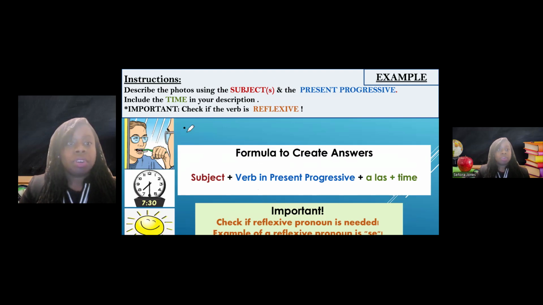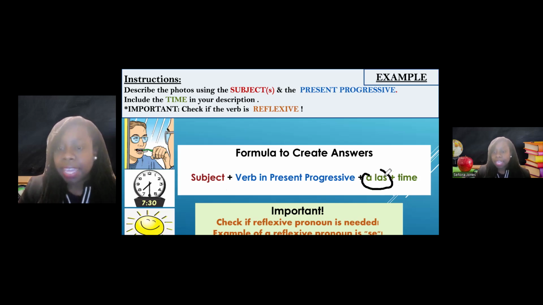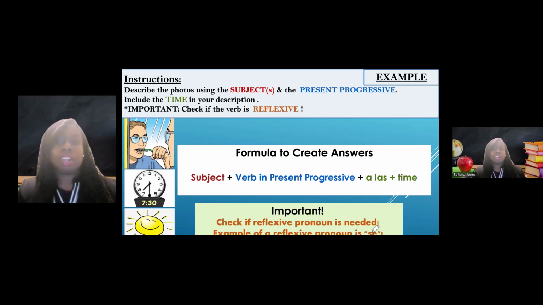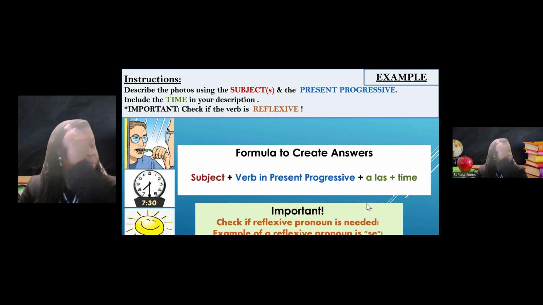So when you look at this photo over here, and you need to describe it, you're going to start with the subject, plus the verb in the present progressive, which the directions tell you to do, plus that phrase, a las, which means at the time. Then you're going to check if it's reflexive. And remember, se is a common reflexive pronoun when we are talking in the third person, which is what you may have to do on the final exam.